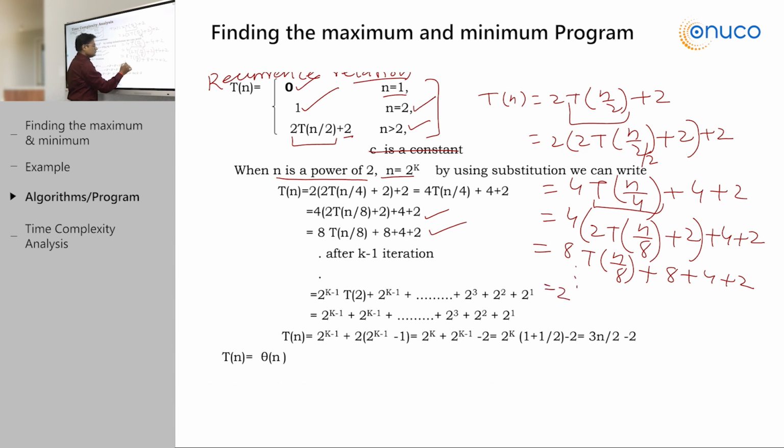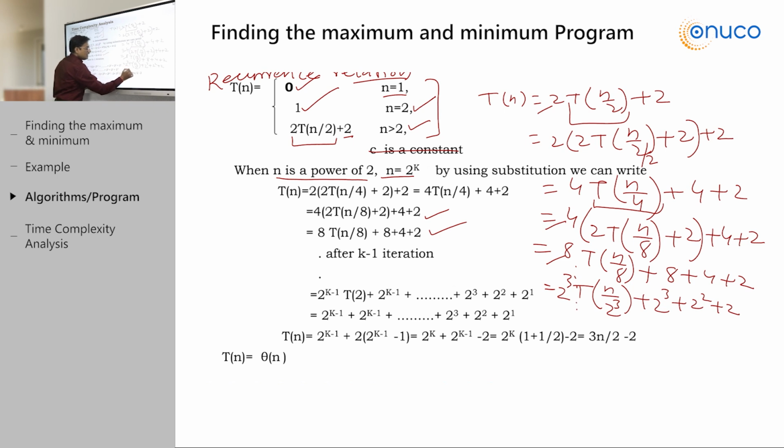See here, the first iteration gives 2, the second iteration 2 square, the third iteration 2 cube. So we can write the whole statement as 2 cube T(n/2 cube) plus 2 cube plus 2 square plus 2.